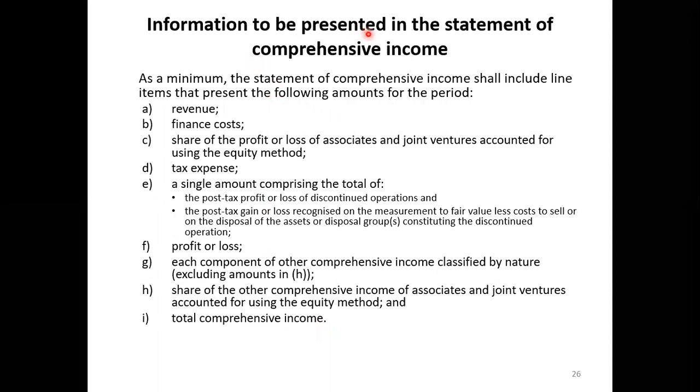So, information to be presented in the statement of comprehensive income. What information can you find? As a minimum, the statement of comprehensive income shall include line items that present the following amounts for the period. You may find revenue, finance cost, share of profit or loss of associates and joint ventures accounted for using the equity method. You may study it under consolidated financial statements.